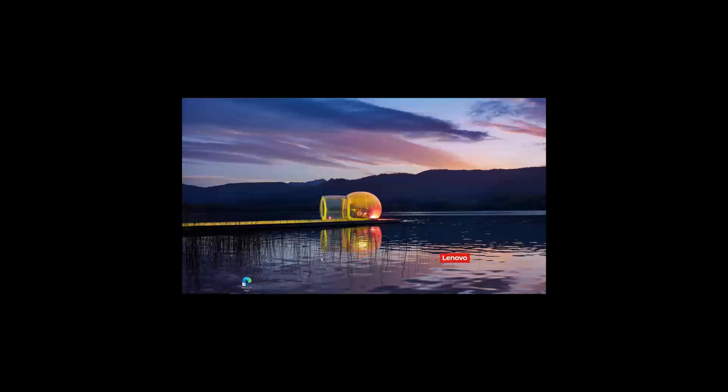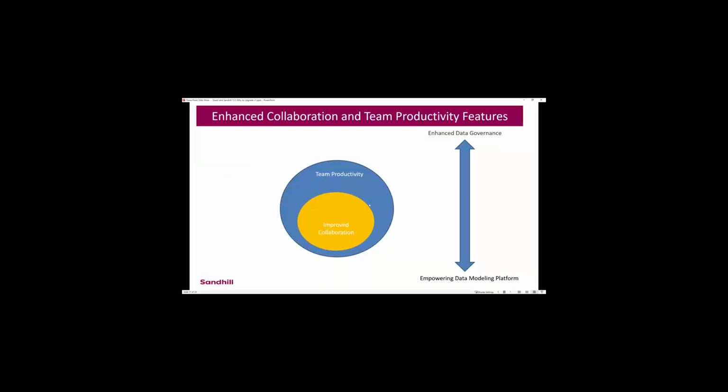So let me just move on to the enhanced collaboration team productivity features. The advanced features enable teams to work together on data modeling projects, share information, and communicate more effectively.